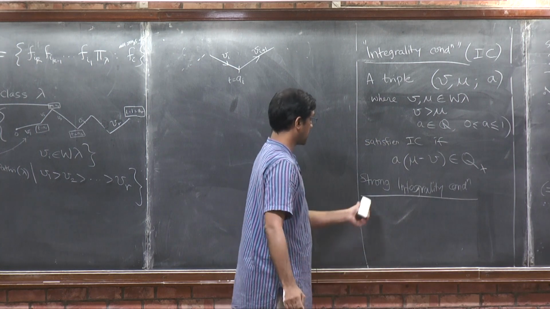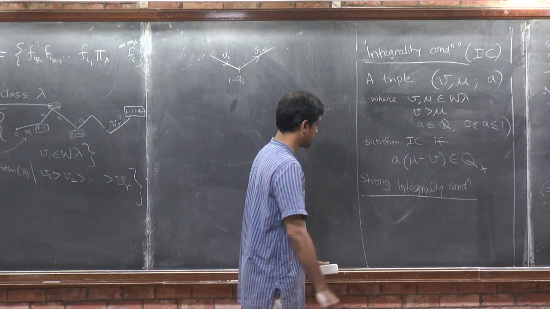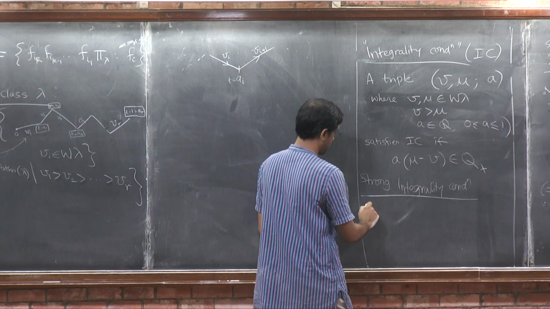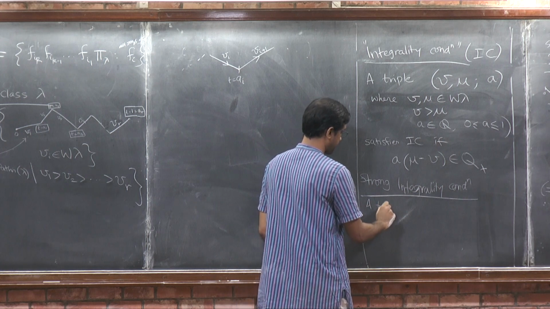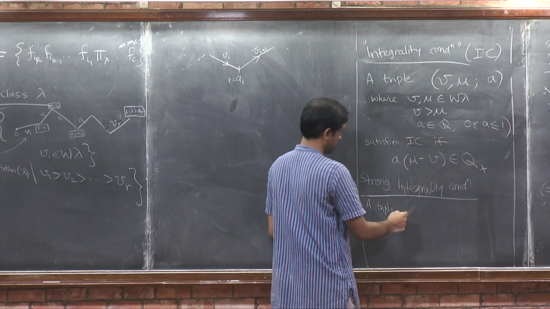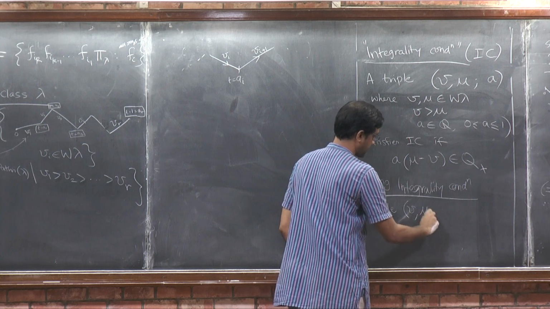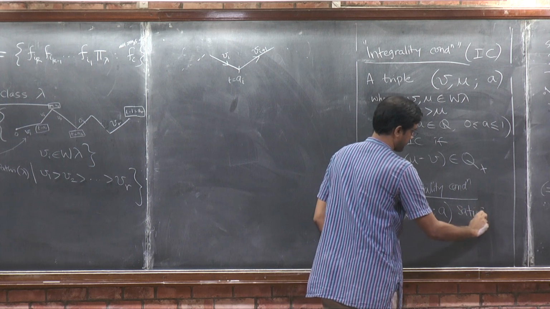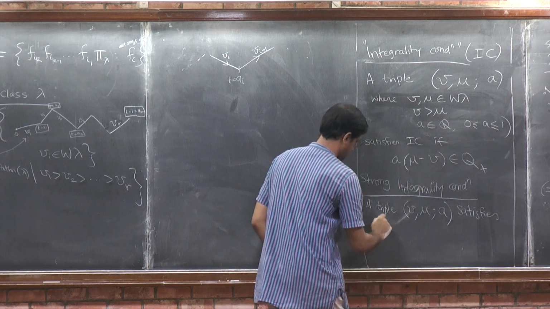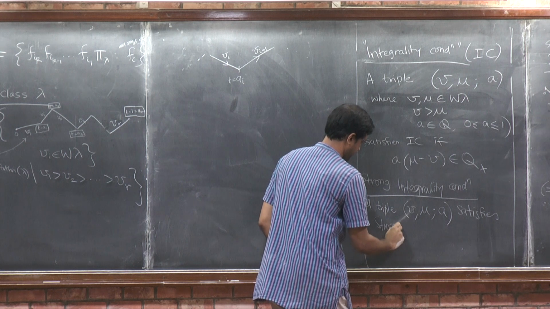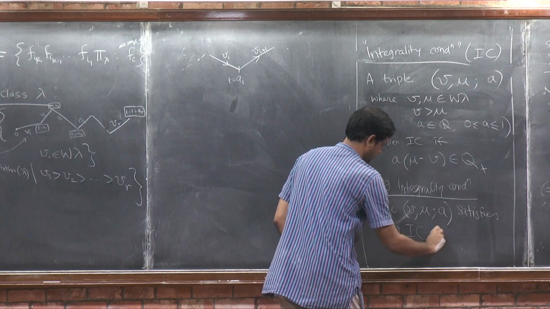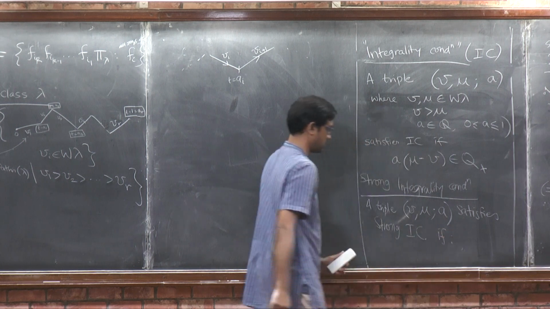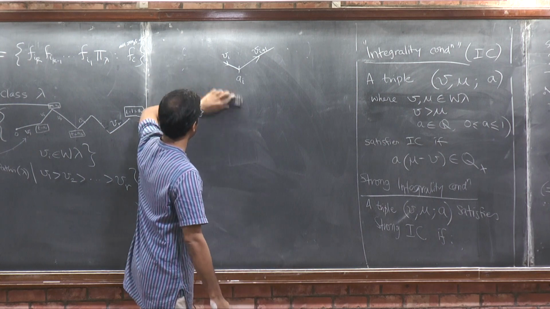Let me explain what the strengthening is. So strong integrality says the following. A triple as above, nu, mu, A, satisfies strong integrality if the following happens. Let me write out the definition here.